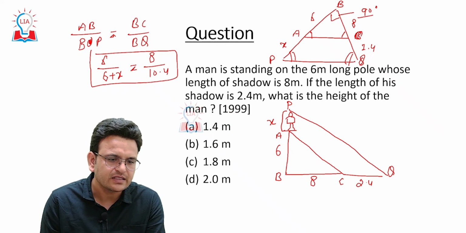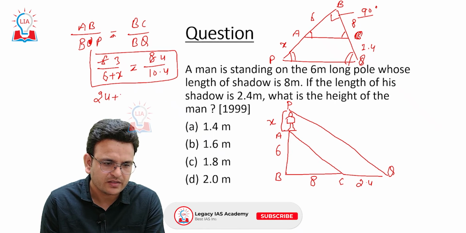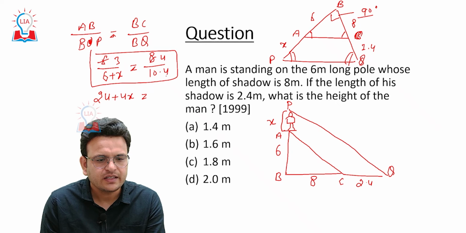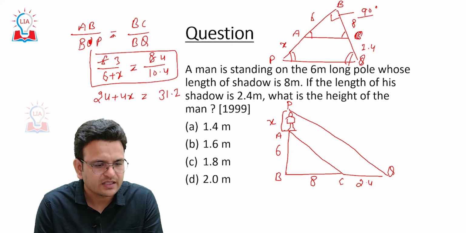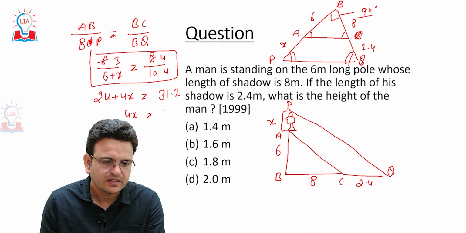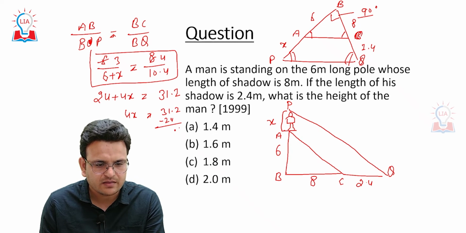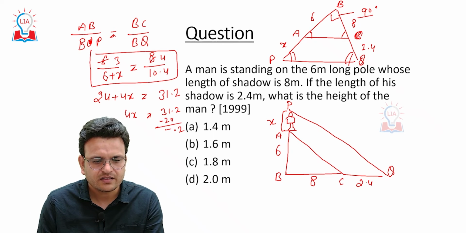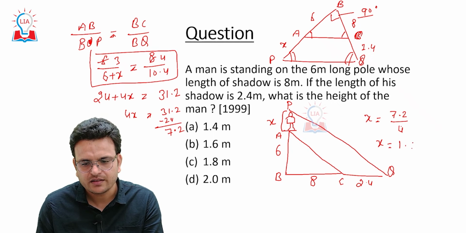So how to solve? 6 times 10.4 becomes 62.4, and 8 times 6 plus 8x becomes 48 plus 8x. Subtracting, the value becomes 7.2, so x will be 7.2 upon 4, x becomes 1.8.